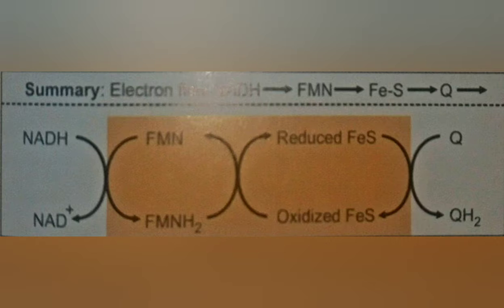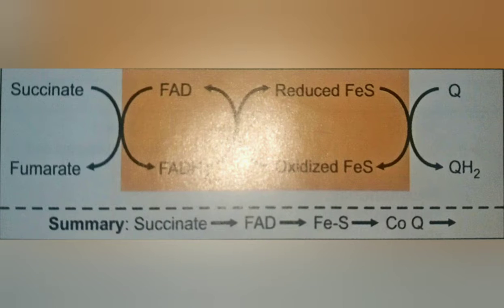The electrons are then transferred to coenzyme Q, that is ubiquinone. This is the most important step. You have to remember this, that the electrons after acceptance by FMNH2, they are transferred to ubiquinone. Ubiquinone is the electron acceptor here. Now I hope that complex 1 is clear to you all.